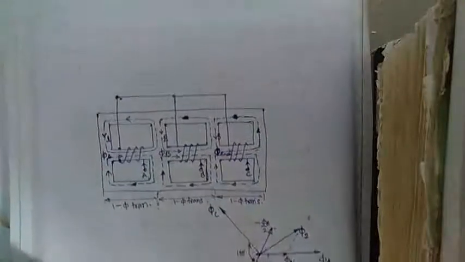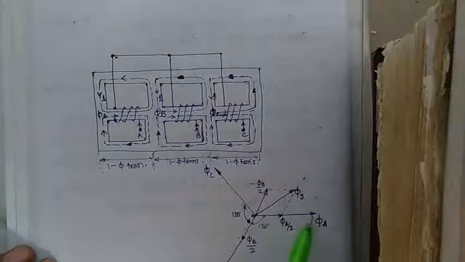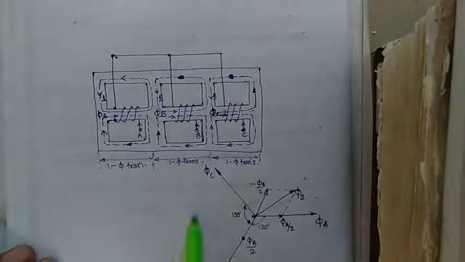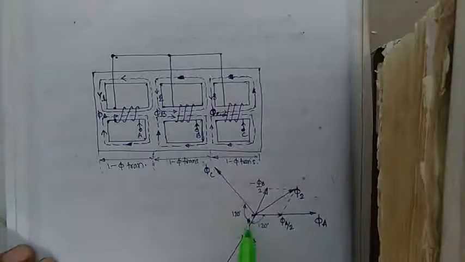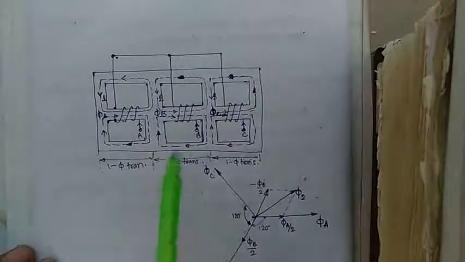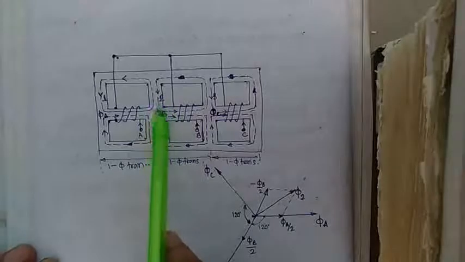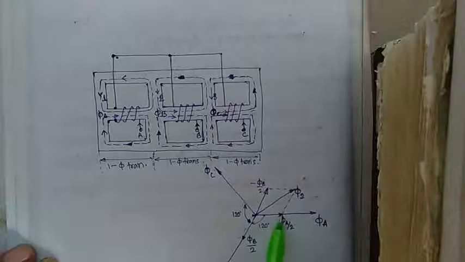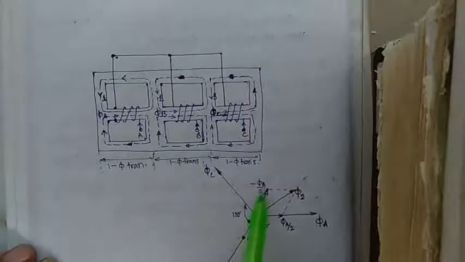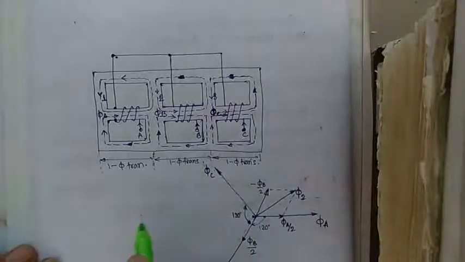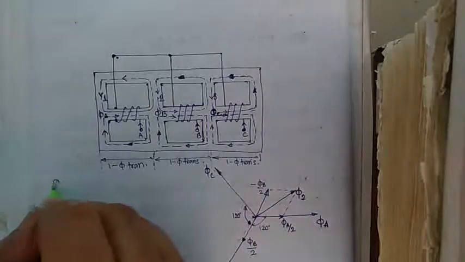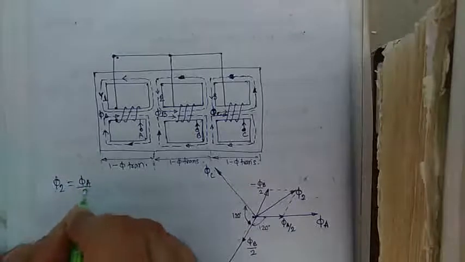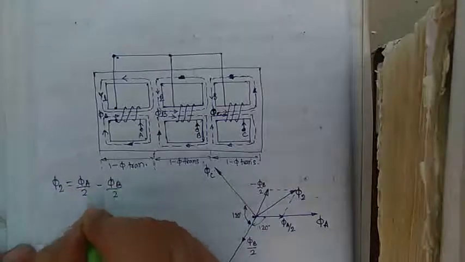This is shown in this diagram: phi A, 120 degrees apart is phi B, and another 120 degrees apart is phi C. Now at mark position 2, the resultant flux phi 2 should be equal to phi A by 2 minus phi B by 2.